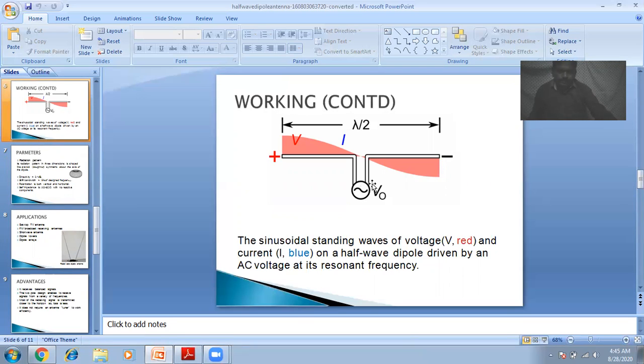That means balanced to unbalanced conversion must be needed. I will show the picture of the balun also in the coming slides. What is a balun? A balanced to unbalanced converter.